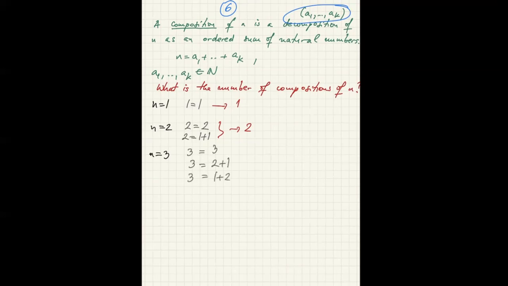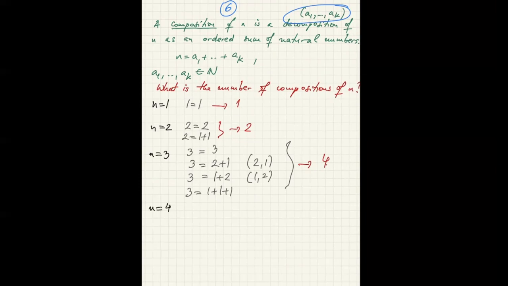These are considered different because, as ordered pairs, they're different. This pair is (2, 1), and this pair is (1, 2). And then you can write 3 as 1 plus 1 plus 1. So we get 4.